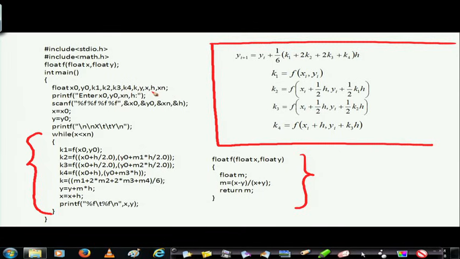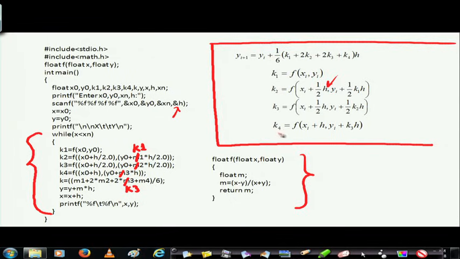H has been read here, scanf h has been read, okay. Then y0 plus m1, I am sorry, here it should be K1, and this should be K2, all these m's you read as K, okay, this is K3, this is K2 times h. So, actually we are computing this thing straight away.